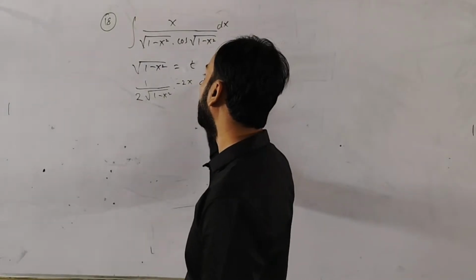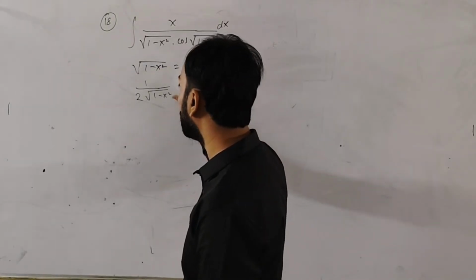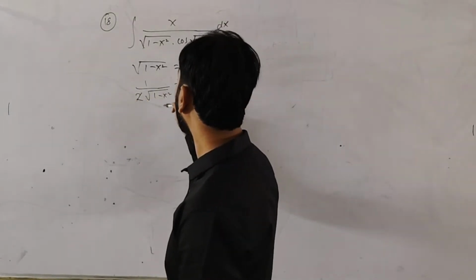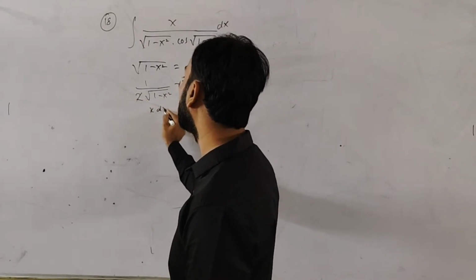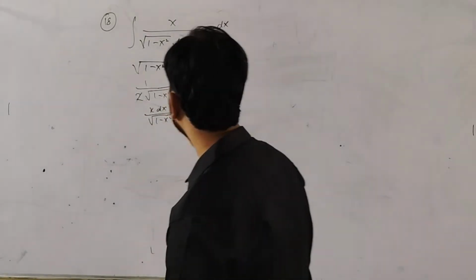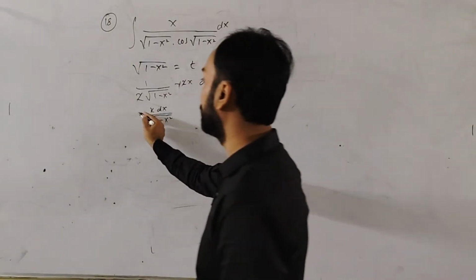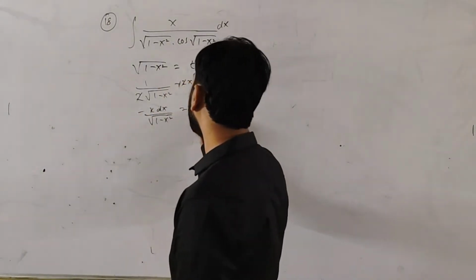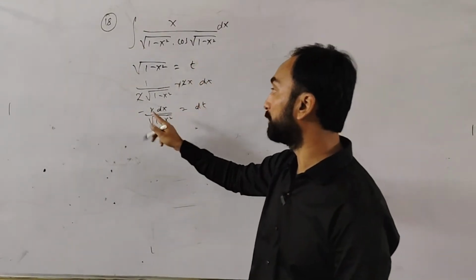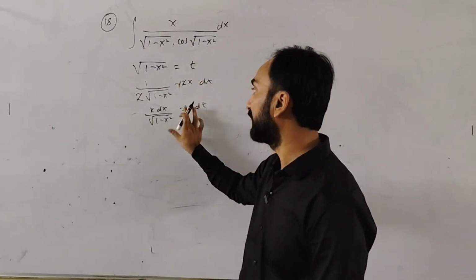So basically 2 and 2 will get cancelled. So we will be left with x dx upon square root of 1 minus x square, with a minus sign, is equal to dt. Or we can write x dx upon this part is equal to minus dt, sign replacement.